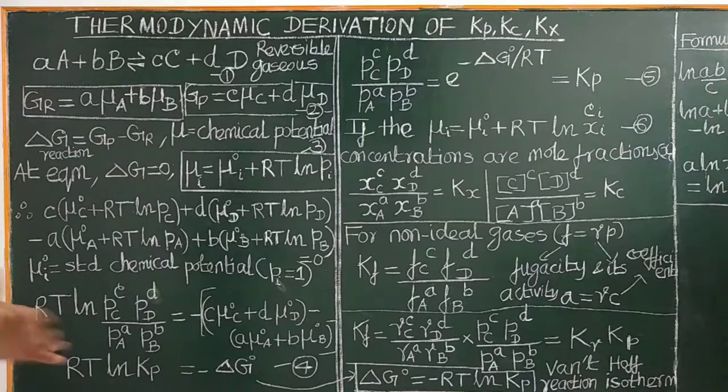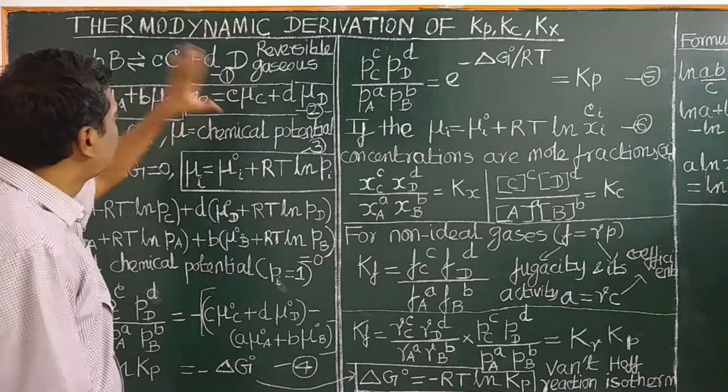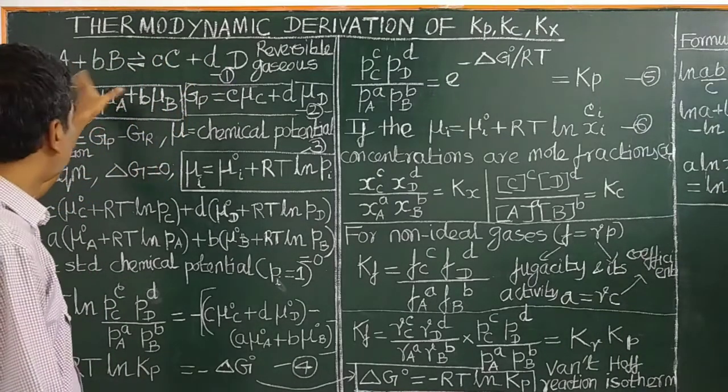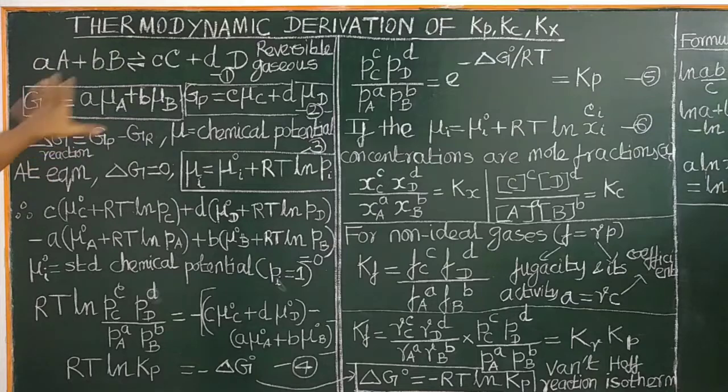They are assumed to obey ideal gas behavior. The reactants and products are ideal gases. ஒரு reversible reaction எடுத்துக்கிறோம், ரைட்டா? இதுல பாத்தீங்கன்னா எல்லாமே gaseous reactant products, அது வந்து ideal gas obey பண்ணுது.